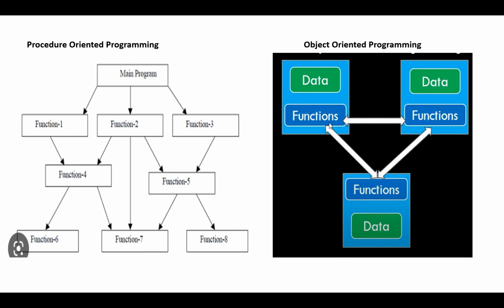So this is the main reason why we moved from the procedure oriented programming language to the object oriented programming language, which provides higher data security. So in the object oriented programming language, the data and functions would be wrapped into a single unit called object. So the data and functions are wrapped together into a single entity called object.